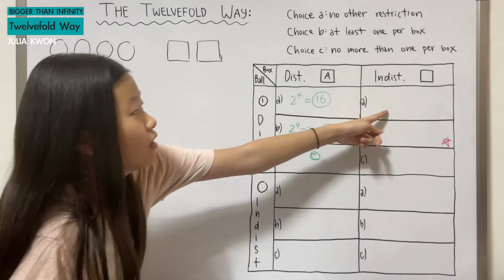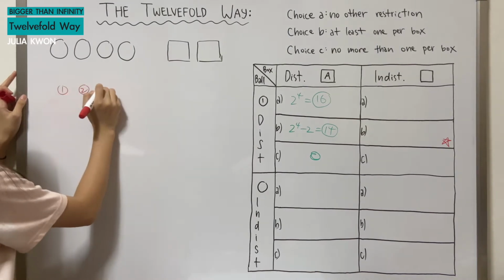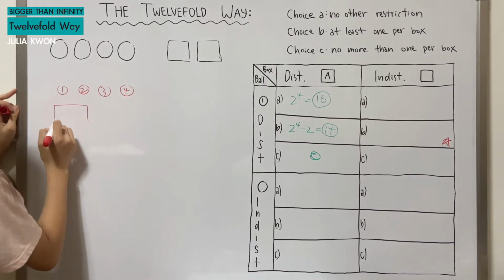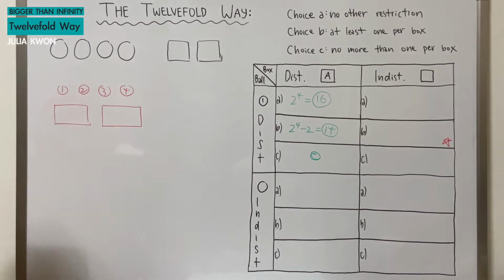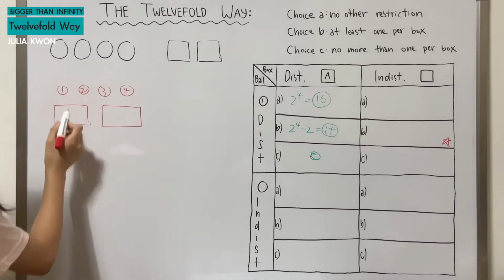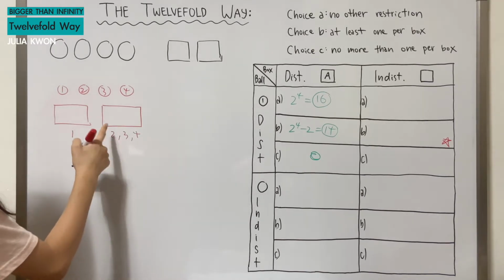And now for this column, we have 1, 2, 3, 4 distinguished balls with 2 indistinguished boxes. So these 2 boxes are supposed to look the same, and it's choice A, which means there are no restrictions. And so a way that we can do this is by counting all of the ways. So we could do it like first ball could go into here, while 2, 3, 4 balls go into here.